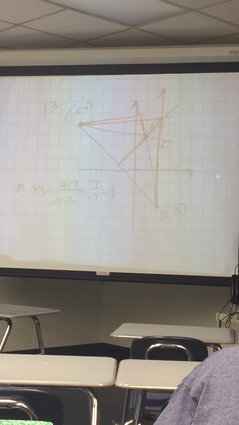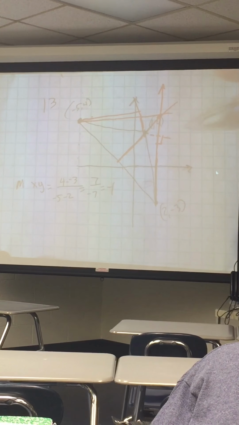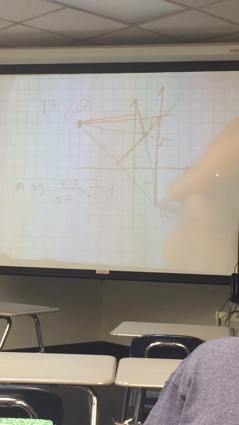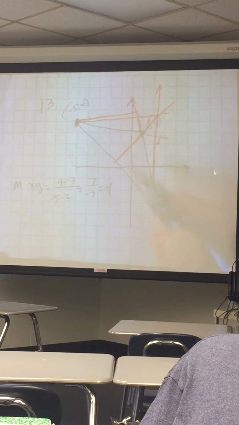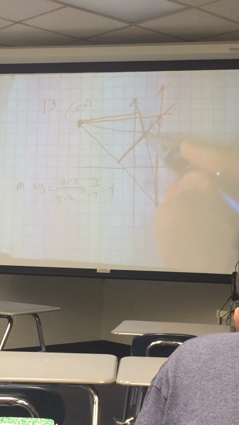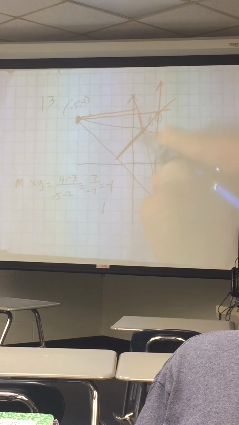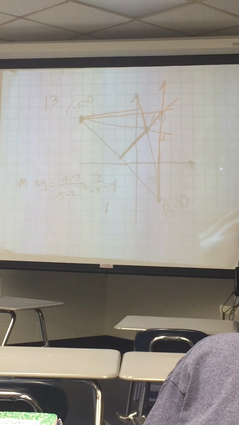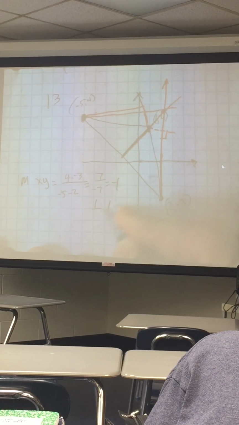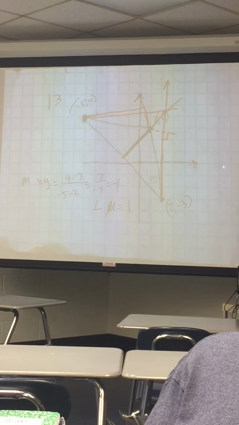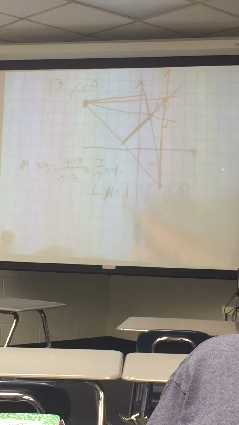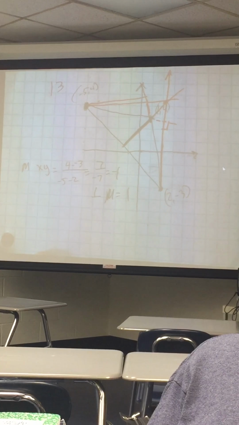So the slope of XY from here to here is negative 1. That means the perpendicular slope right here has to be positive 1. Perpendicular slope is positive 1 of XY.